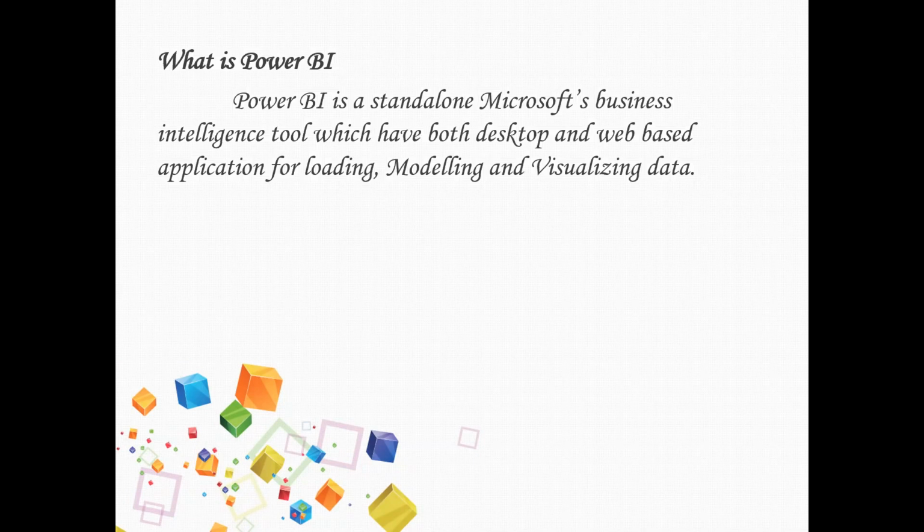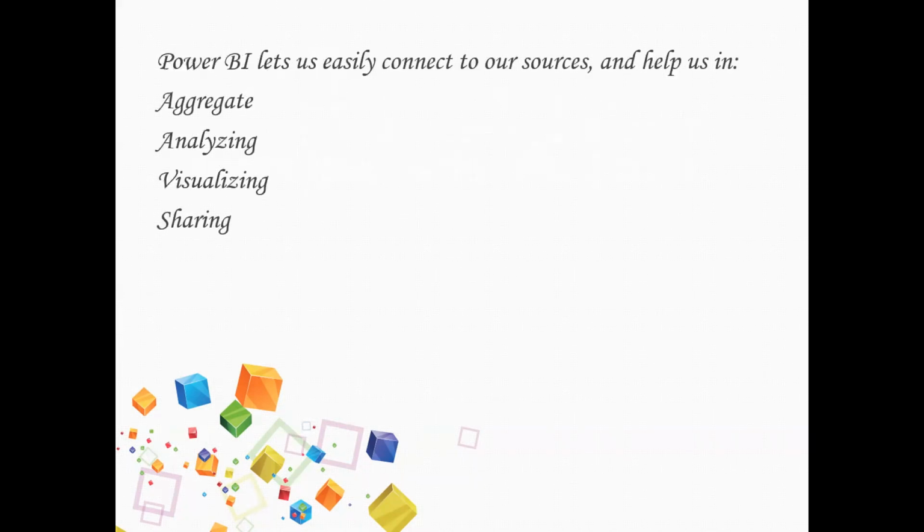Now the next question is how it can help, what we can do using Power BI. Power BI lets us easily connect to our sources, and we can connect different data sources. Power BI has given us a huge list of data sources that we can connect with Power BI.